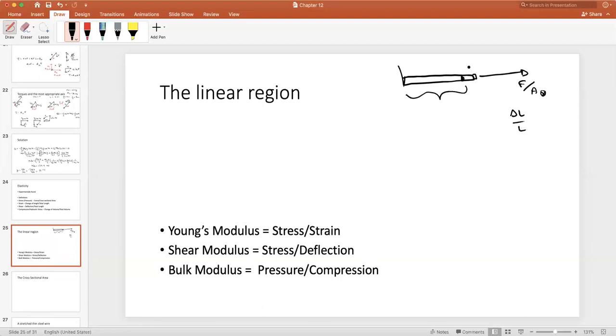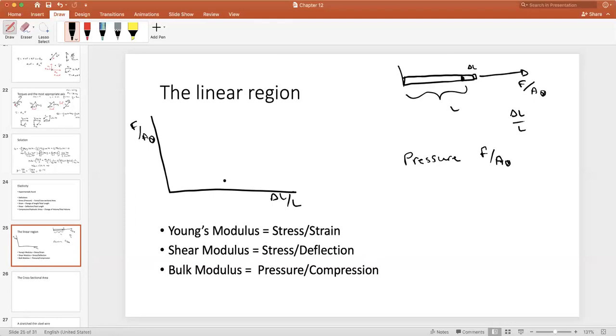It gets stretched some little tiny delta L, and I graph force over area, by the way, it's pressure. So pressure is force over cross-sectional area. The pressure I apply, the force over area that I apply, versus the change in length over the original length, and I simply graph this.